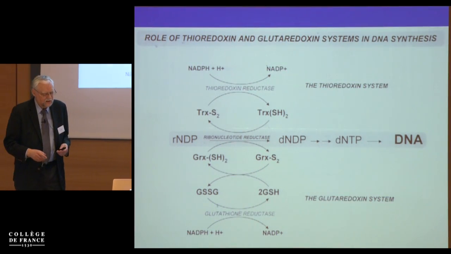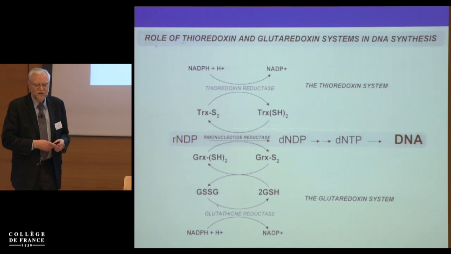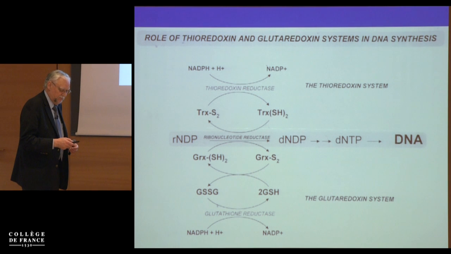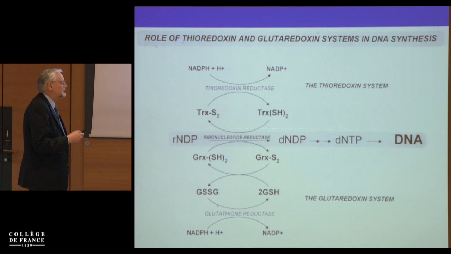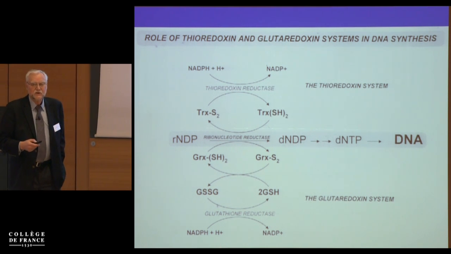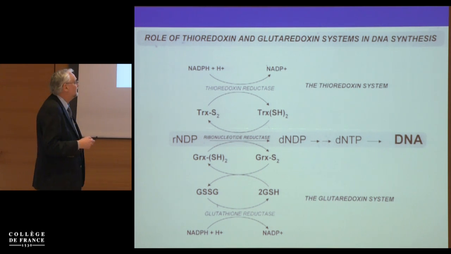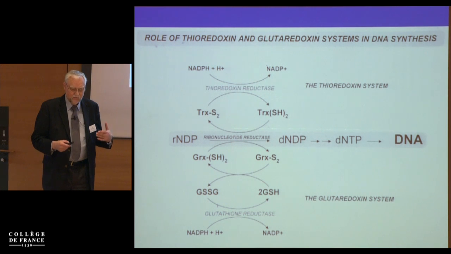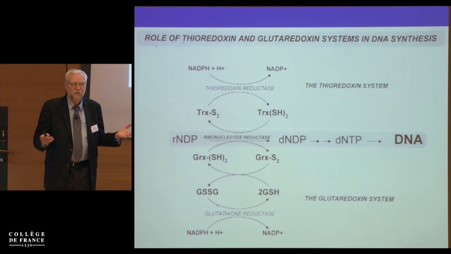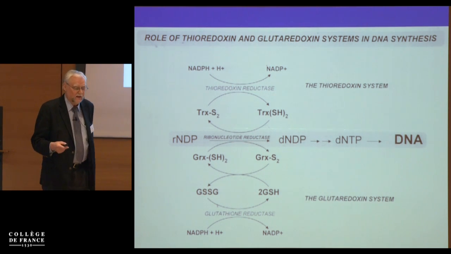The thioredoxin and glutaredoxin systems were both discovered and are very much present today in principle in all cells, namely with the ribonucleotide reductase, which is an enzyme reducing all four ribonucleotides to deoxyribonucleotides, and it makes the dNTPs for DNA synthesis, which can be replication, like in a T cell where you make perhaps 100,000 nucleotides per second in order to copy the billions of base pairs in DNA.